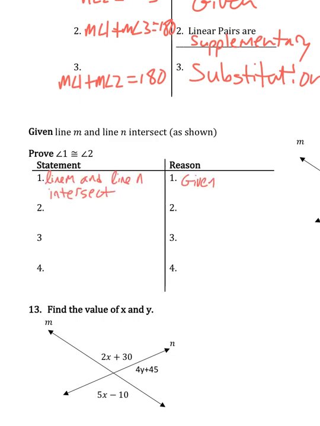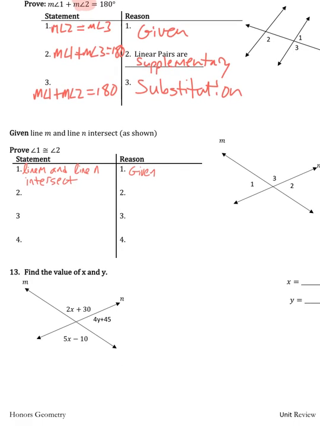You don't always have to start with a given, but it's a good place to start. Then we've got to look at the drawing and ask ourselves, what do we know? So we've got a pair of angles here, like 1 and 3. We know they add to 180, right? And so does 3 and 2. So we can put those in there.